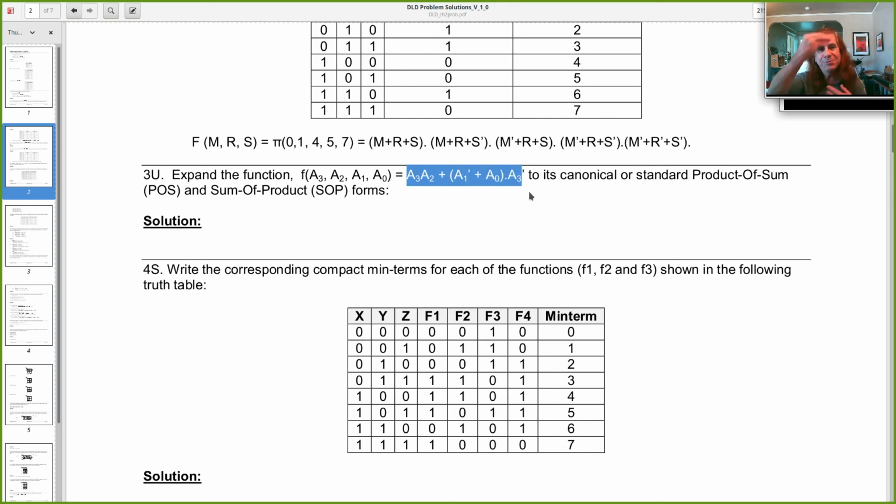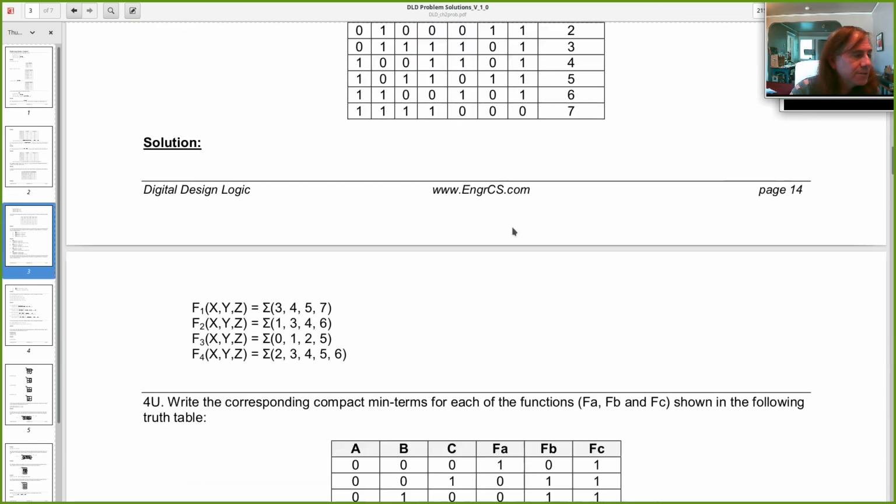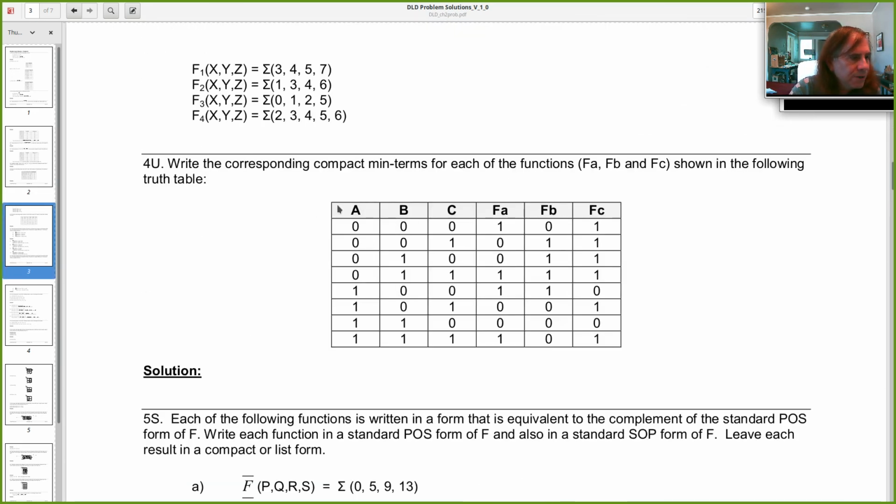Once you have a truth table of ones and zeros, you can just write down the POS or SOP expressions really just from looking at it, once you know the pattern of what the minterms look like and what the maxterms look like. All right, question 4, compact minterms for each of these functions. So 3 input variables, here's the truth table.